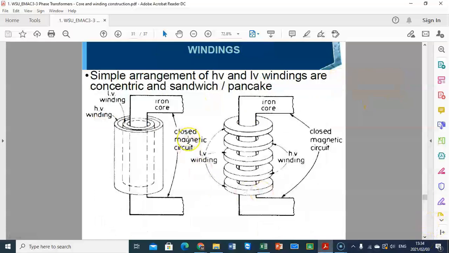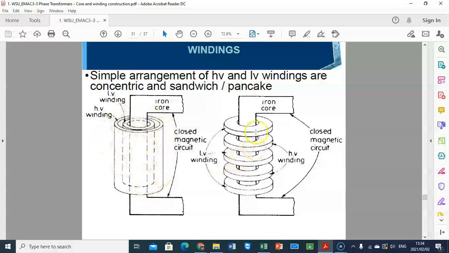Now, in this slide, you can see the arrangement of high voltage and low voltage windings on the transformer. As I explained earlier, we can have two different methods of winding. One is the concentric winding. As you see, the low voltage winding is concentrated in the inner part, and then the high voltage one is on top of that.